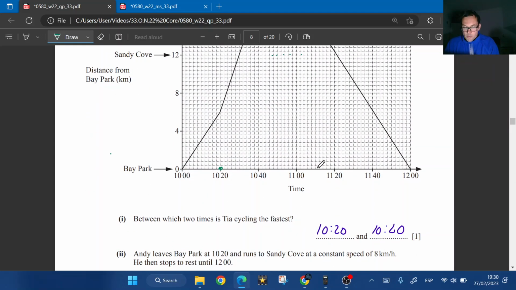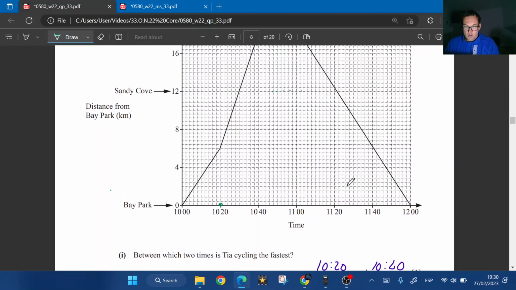At a constant speed of 8 kilometers per hour. Okay, what does 8 kilometers per hour look like? It means in 1 hour you travel 8 kilometers. So from 10:20 to 11:20, if he runs 8 kilometers per hour, in that hour he should cover 8 kilometers.